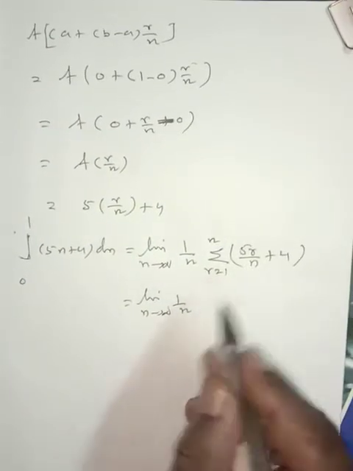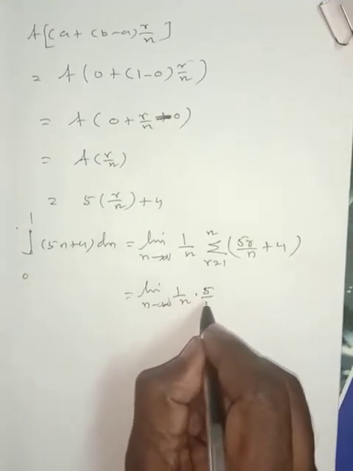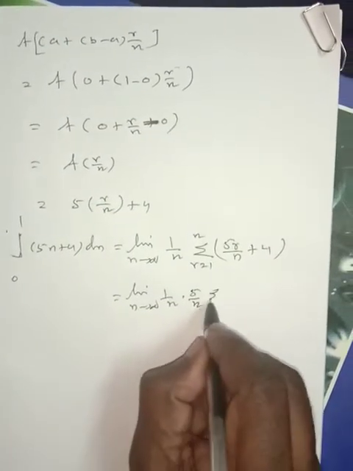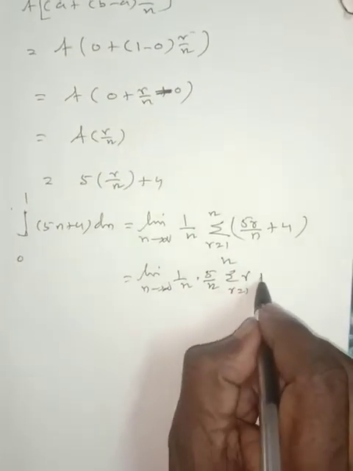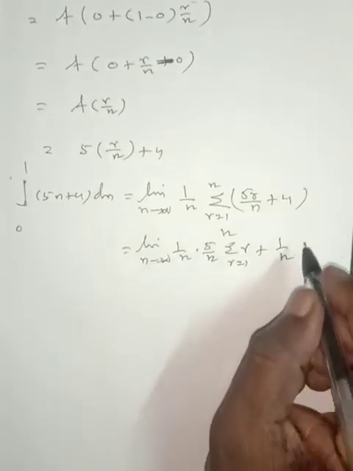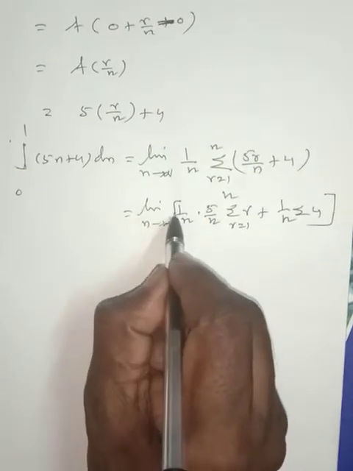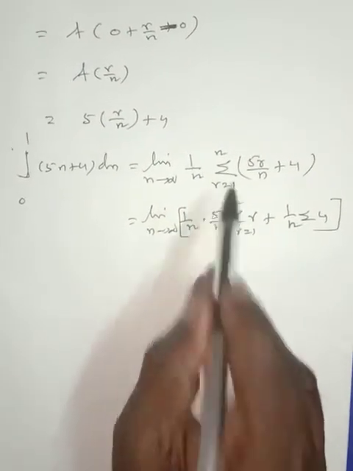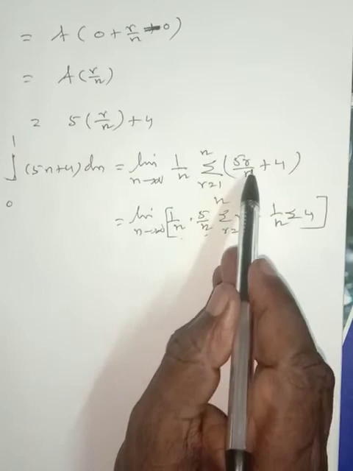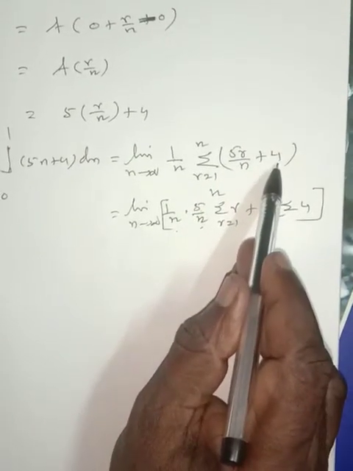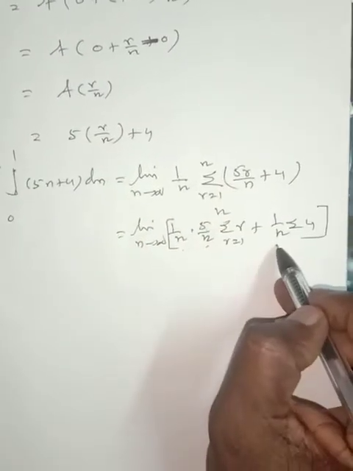5 by n is a constant. Therefore 5 by n into sum of r, r varying from 1 to n, plus the sum of 4. Since 4 is a constant number, 1 by n into 4 is a constant number.